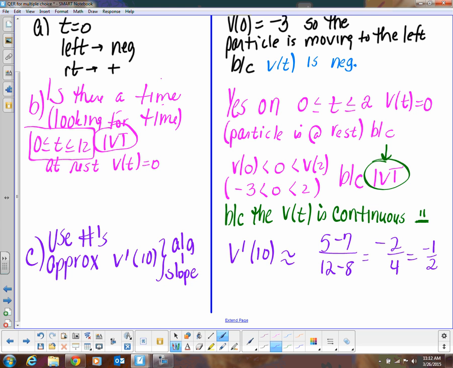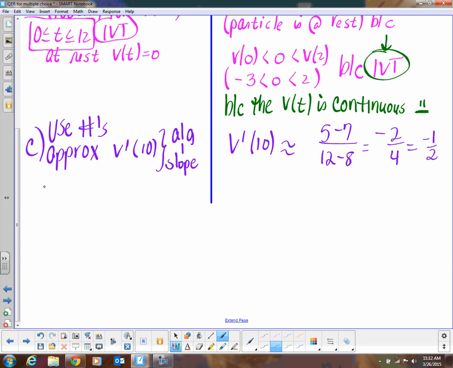Now, explain the meaning of v prime of 10 in terms of the motion of the particle. So I have to explain with respect to motion. What does that mean? Well, what is this telling us? What's happening? What's changing? It's not telling us direction, is it?